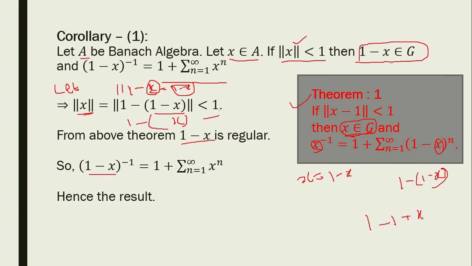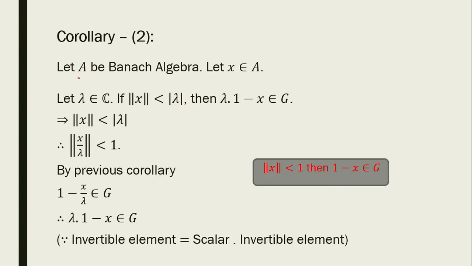Let A be a Banach algebra and x belong to A. Let lambda belong to C. If norm x is less than mod lambda, then prove that lambda dot (1 minus x) belongs to G, meaning lambda into (1 minus x) is regular.